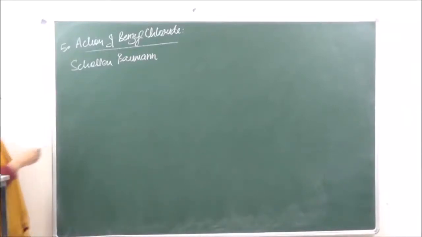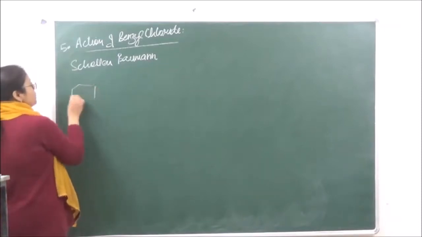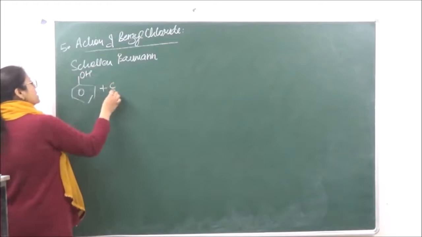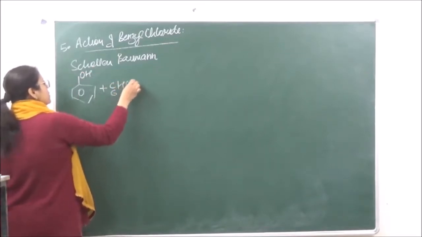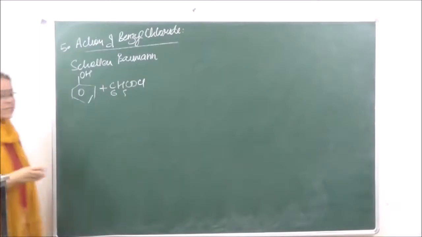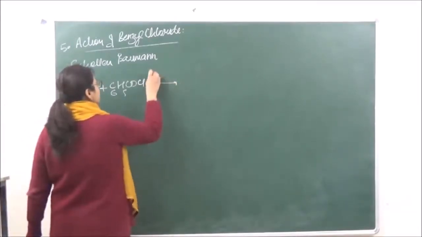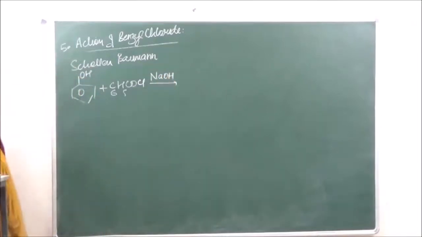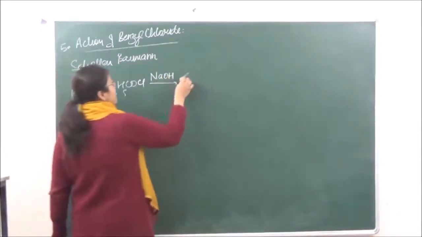Okay, so over here we are going to do the benzoylation of phenol, C6H5OH plus C6H5COCl. This is benzoyl chloride. We are reacting this in presence of a base. So we are taking over here NaOH and we will get phenyl benzoate.